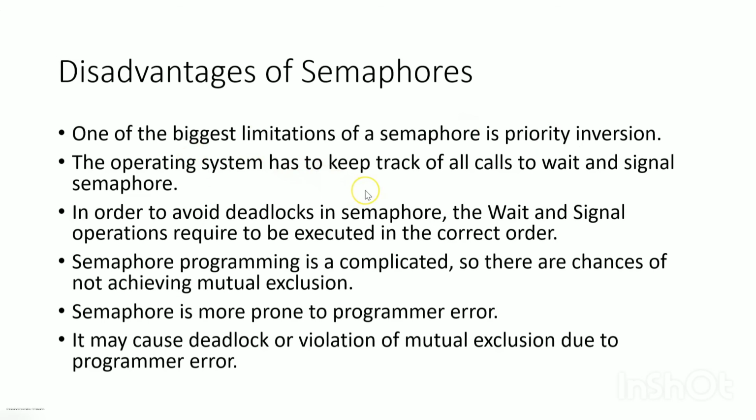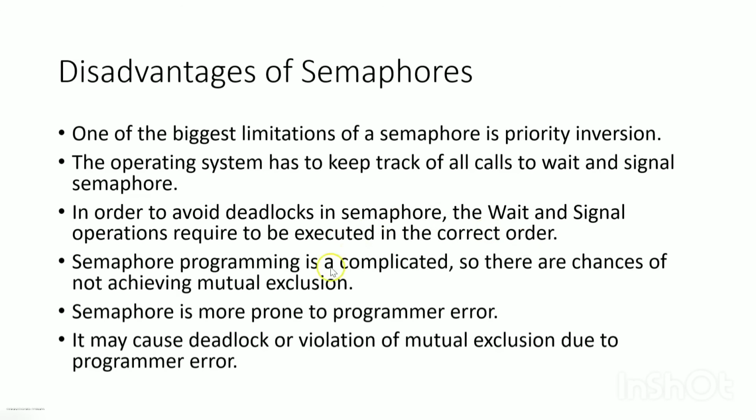Next, the operating system has to keep track of all calls to wait and signal on semaphores. Next, in order to avoid deadlocks in semaphores, meaning unlimited waiting time, the wait and signal operations are required to be executed in the correct order. Otherwise, some process can go into an endless waiting period.